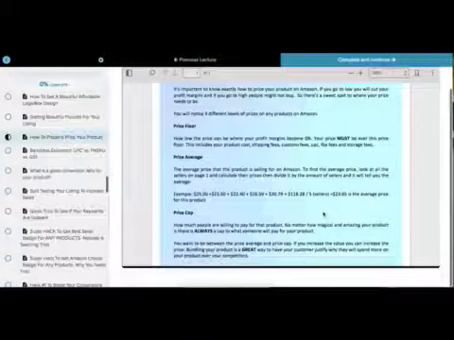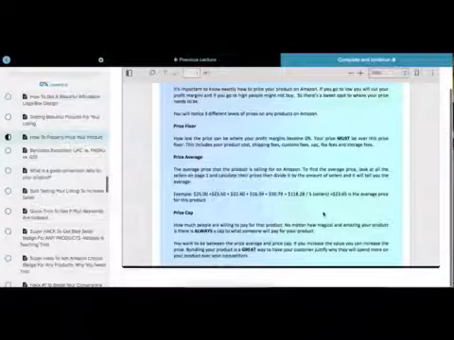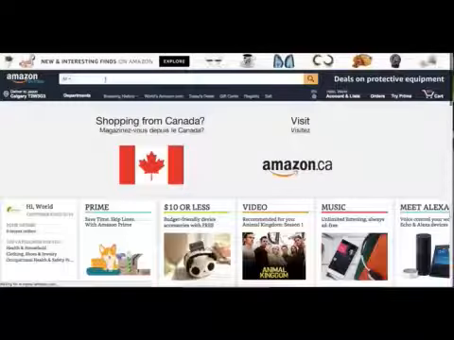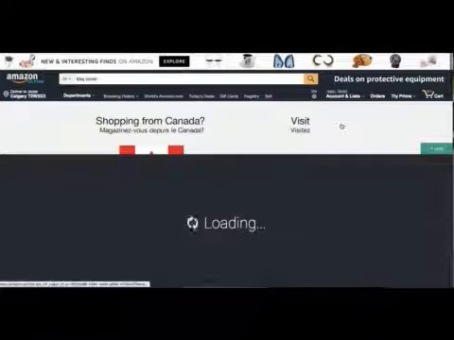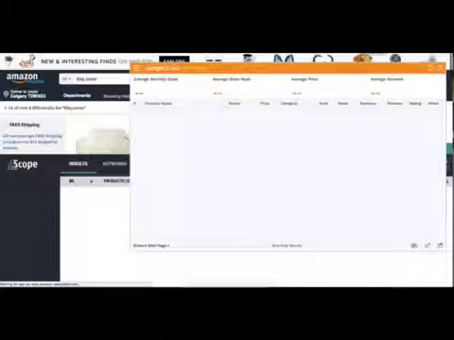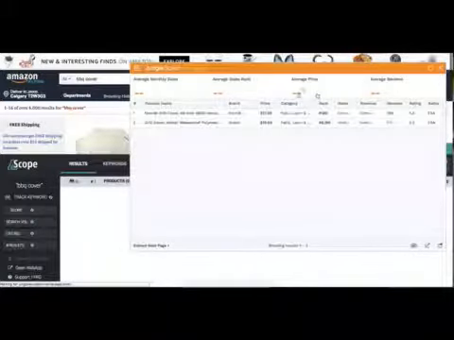Price average is the average price that product is selling for on Amazon. There are a few ways to figure this out. Number one, you can use most tools like Jungle Scout or Viral Launch, and you'll be able to see the average price for that product. For example, if we go to Amazon.com and search barbecue cover, and you run the Jungle Scout extension, it automatically gives you the average price right here.